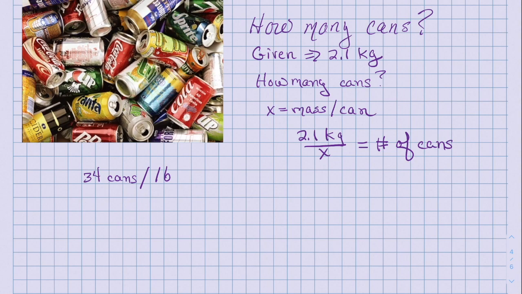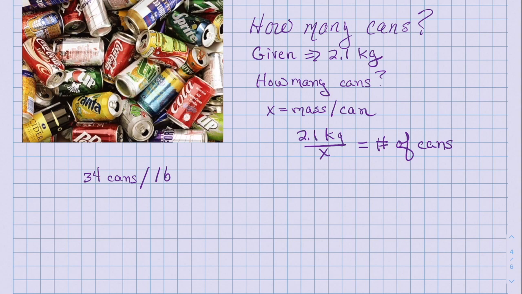All right, so of course that's pounds. There's a problem there: we've got 34 cans per pound, and we've got kilograms. And remember, a pound is a unit of force.